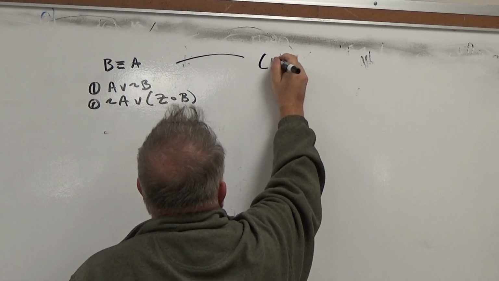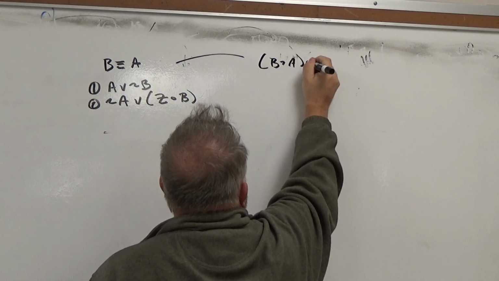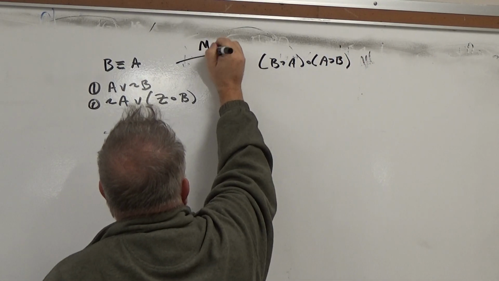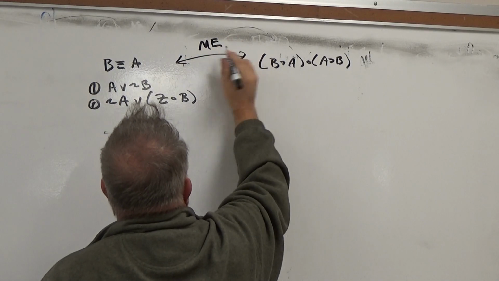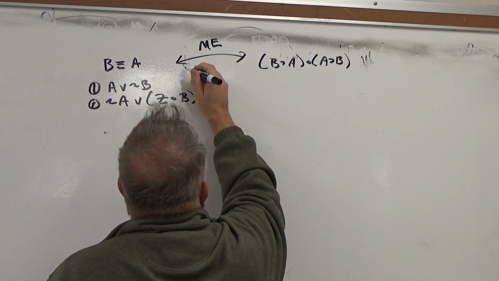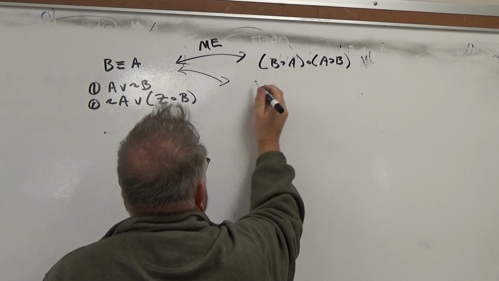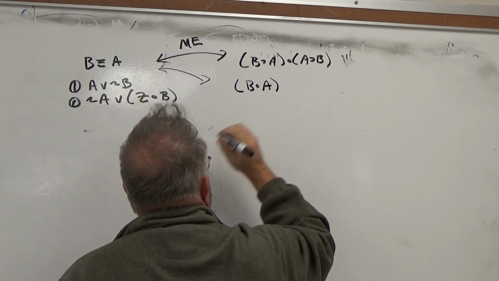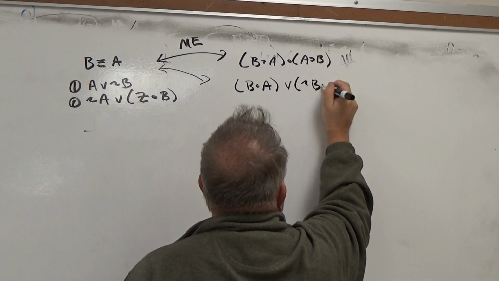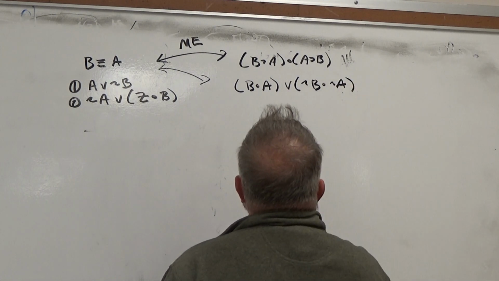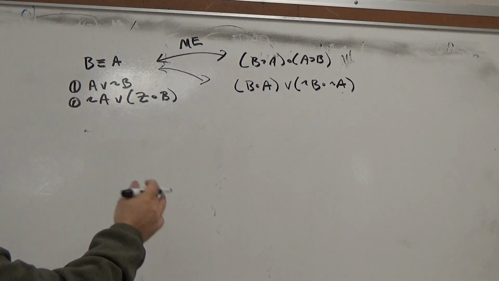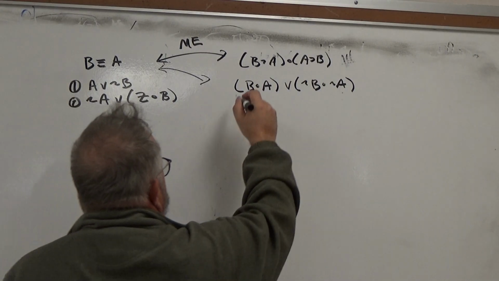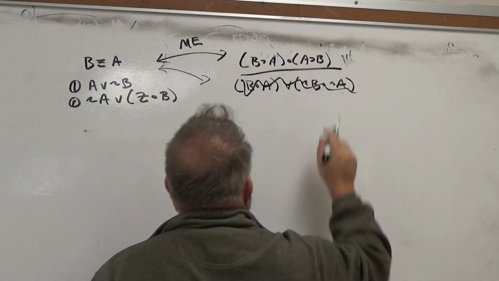We can look for B then A and A then B. If we have this, by material equivalence, we can get back to that. Or we could also look for this, B and A, or not B and not A. Okay, because we got that, we could go back to B if and only if A. Okay, I think that I'm just going to focus on this one.